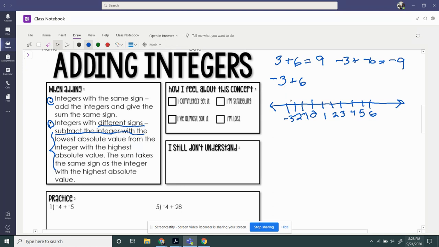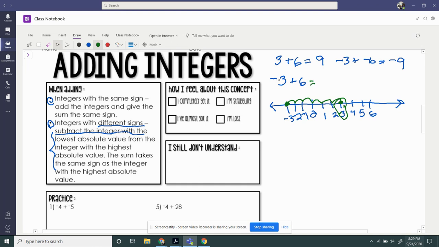So if we have negative 3, let's change our color, and we add 6. 1, 2, 3, 4, 5, 6. Where does that put us? That puts us right here at positive 3. Well, how do we get that from here without using a number line?